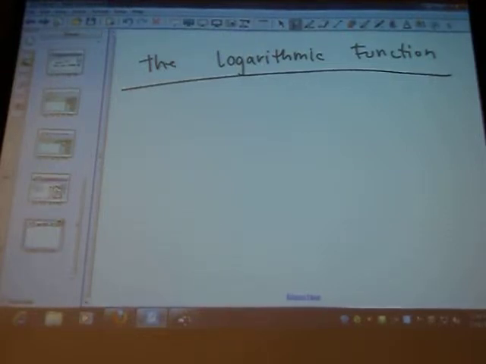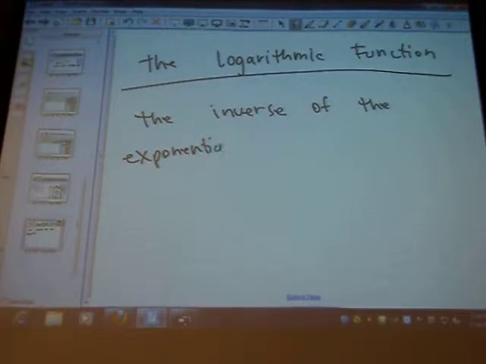Logarithmic function. It is the inverse of the exponential function. So it's like the opposite of the exponential function. So that means we're going to be dealing with square roots, aren't we?